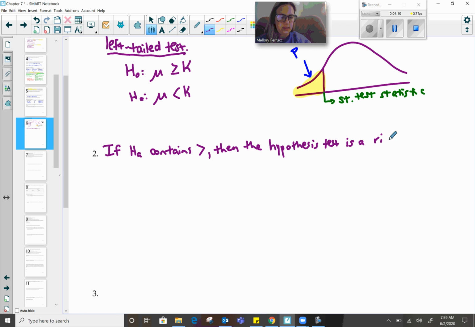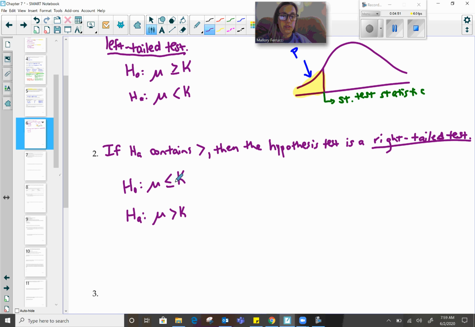It's a right-tailed test. If the alternative hypothesis says that mu is greater than k, it doesn't matter which one's the claim. Either one of them could be the claim, but it's just if it has one of these. So that means for the null, it's got to be less than or equal to.